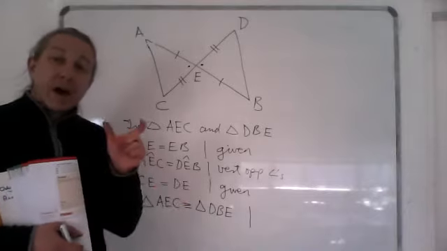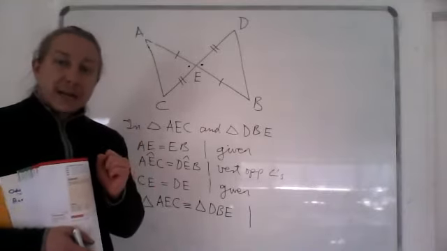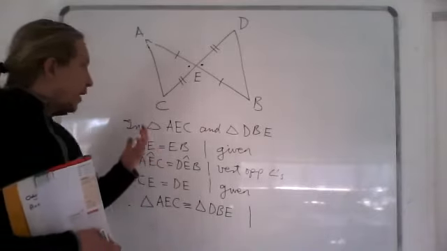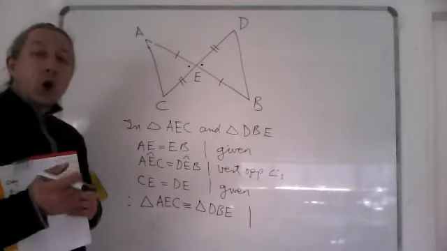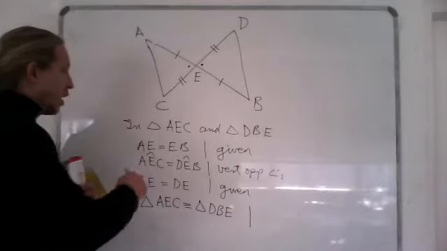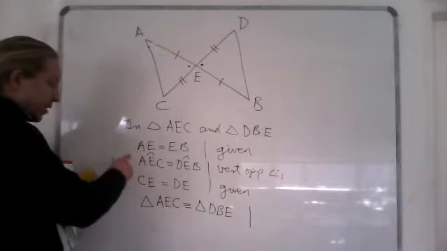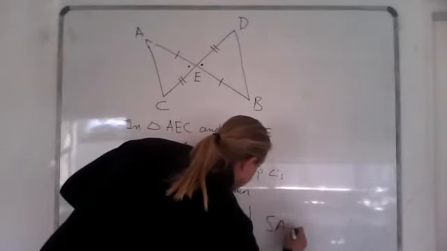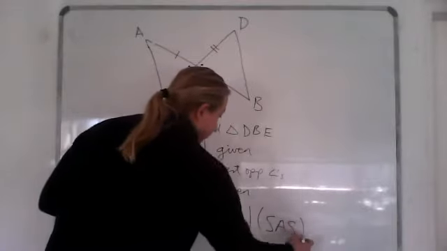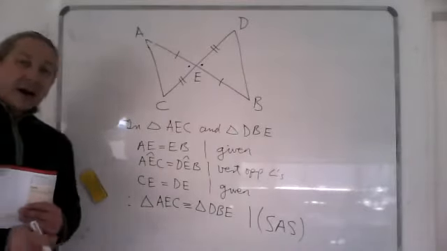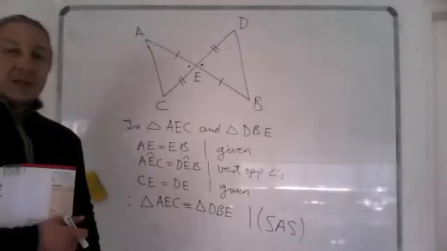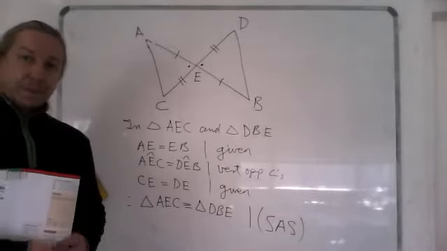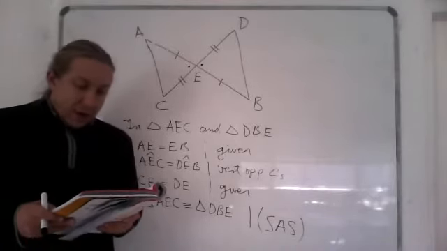So we have to give the correct congruency condition. So that's exactly what we did here. So it's side, angle, side, or SAS. And that is our reason for stating that these two are congruent. Right, let's see what else they want.